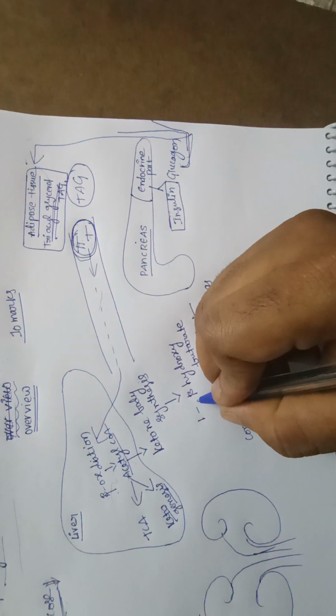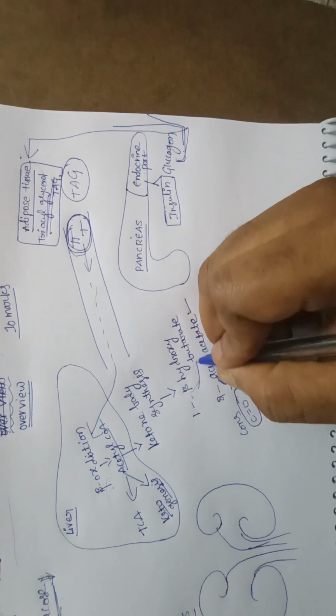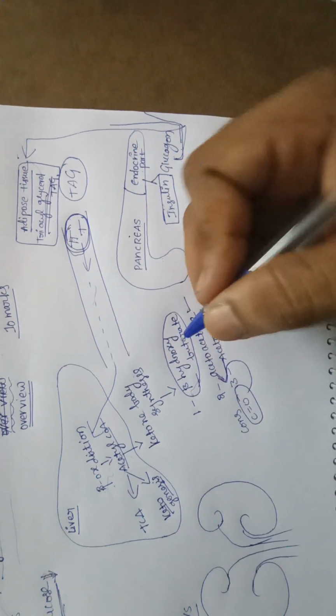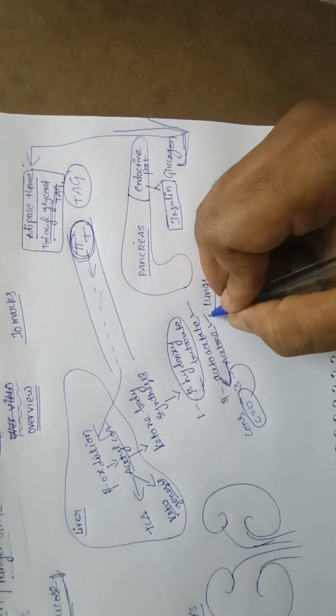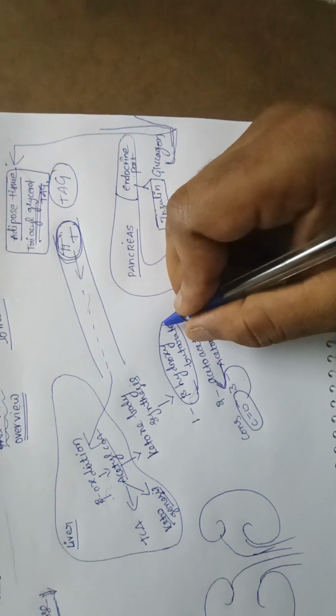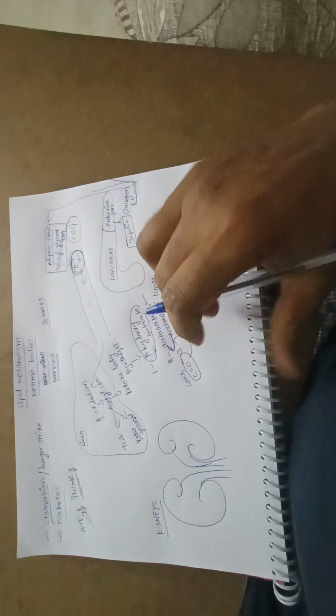Beta hydroxybutyrate also comes under ketone bodies, but its structure lacks the keto group. So these two are true ketone bodies, whereas beta hydroxybutyrate is not a true ketone body but is still called a ketone body. We'll explain the significance of all three.